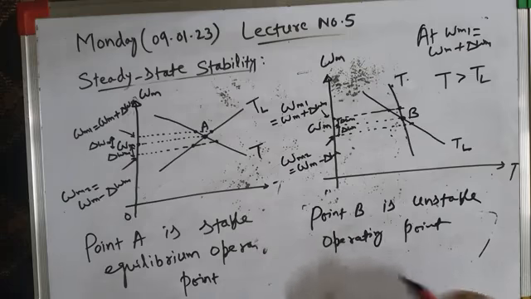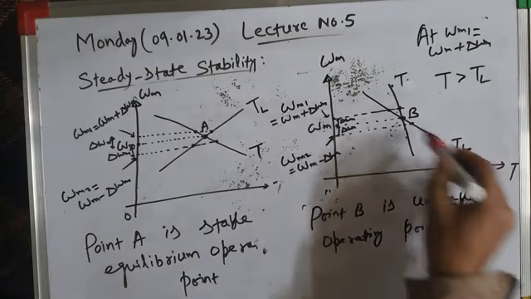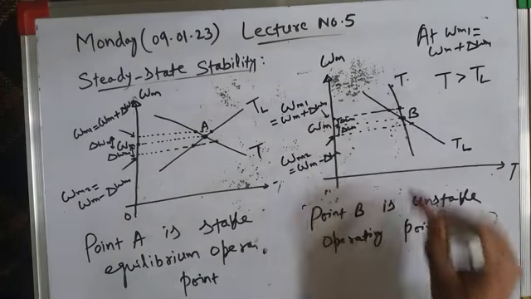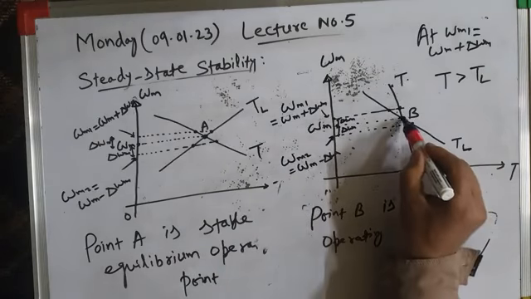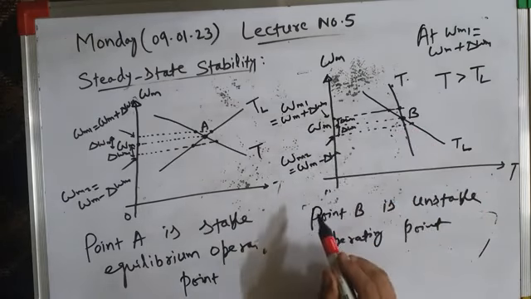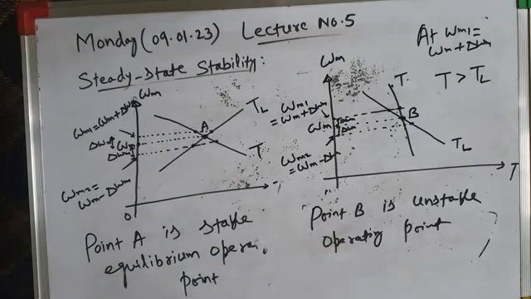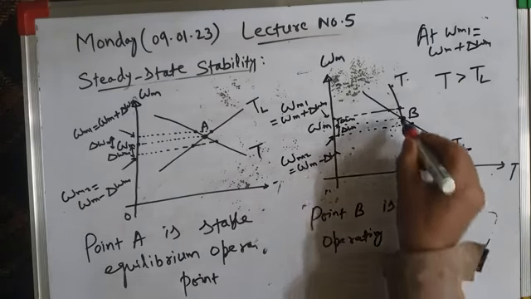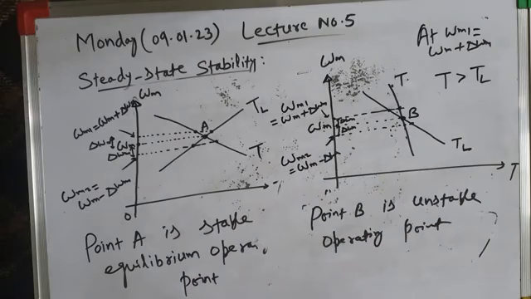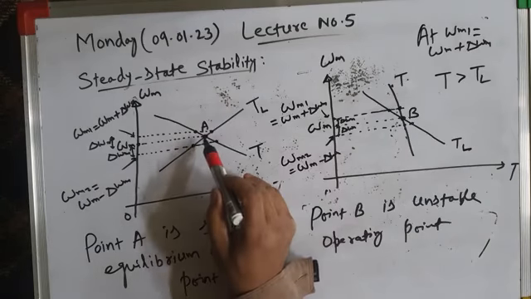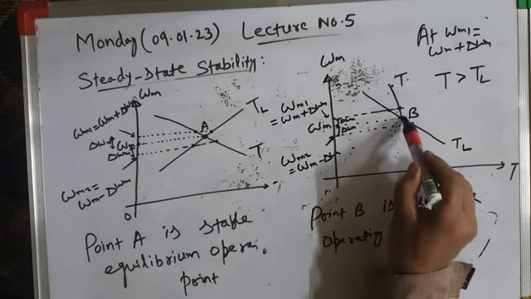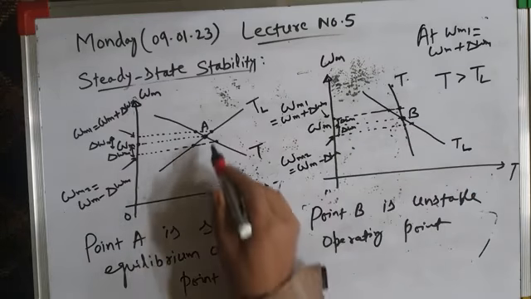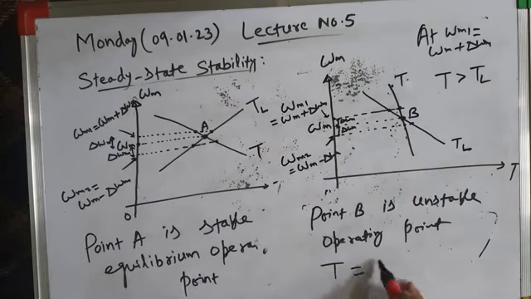It is not sufficient that we have the torque speed characteristic of load, the torque speed characteristic of motor, and the point of intersection of the two characteristics is the operating point. No, it's not always true. No doubt the point of intersection of the two torque speed characteristics is the operating point. As in this case, A is the operating point, in this case, B is the operating point, because at A and at B, T is equal to TL.